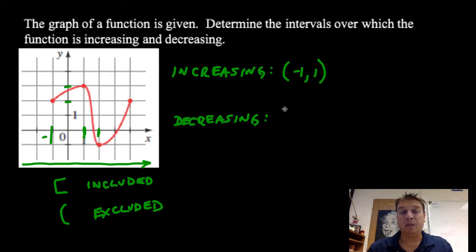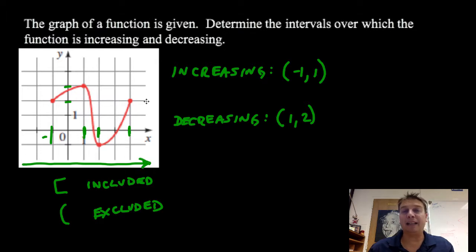So again, we do not include them. So 1 to 2. Then I have the next interval from the turning points here out to here, and I go from -1 on the y value up to a +2. So then this is increasing because everything goes from left to right.